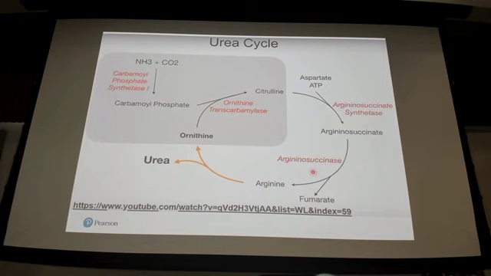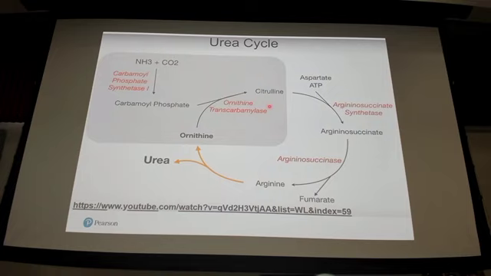So this reaction occurs, as I mentioned, in the liver, in both the mitochondria, as shown by the darkened box, and then the cytosol. What happens is that ammonium group will interact with carbon dioxide in the presence of carbamoyl phosphate synthetase 1 to produce carbamoyl phosphate. Carbamoyl phosphate will interact with the ornithine transcarbamylase enzyme to produce citrulline.